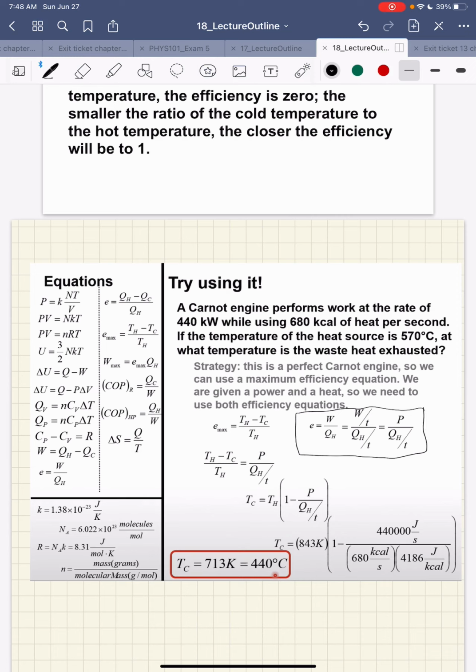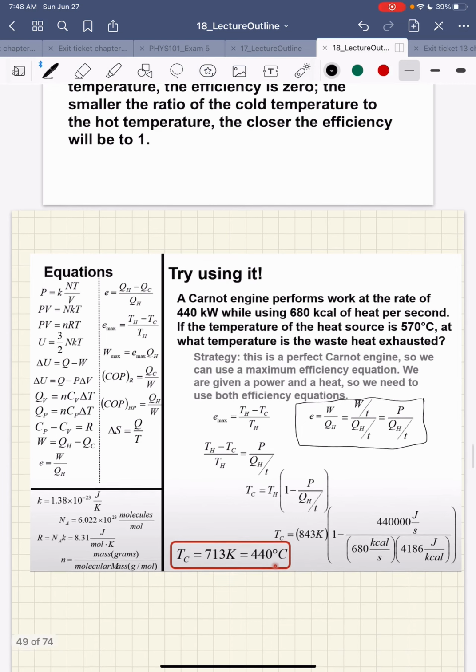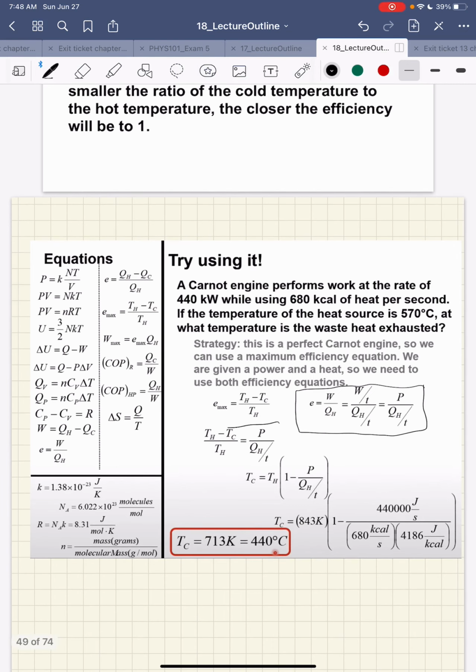E equals W over H hot, and I will divide by T both on numerator and denominator to get the power. And then after that, I'm going to make them equal to each other here.